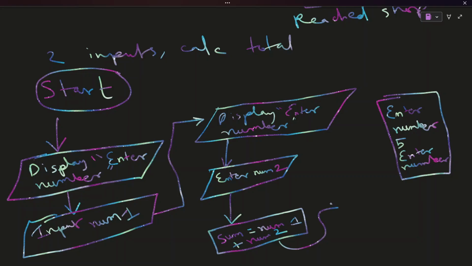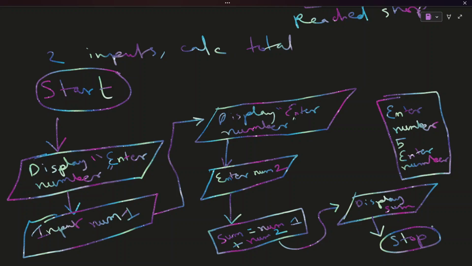Then we display to the user, display, we write the variable name sum. Okay, and the program needs an indication to stop. So we use the stop here and we use the circle here.